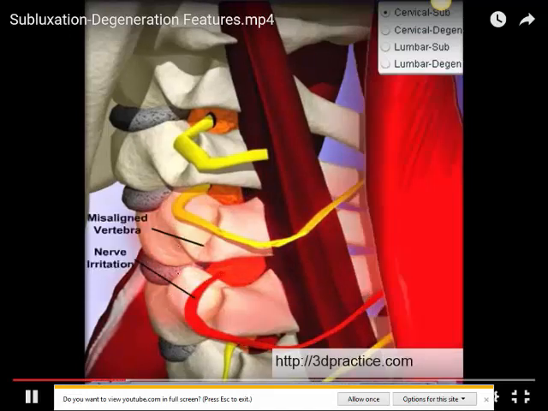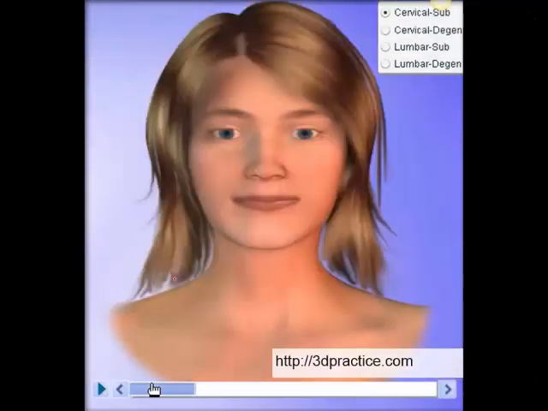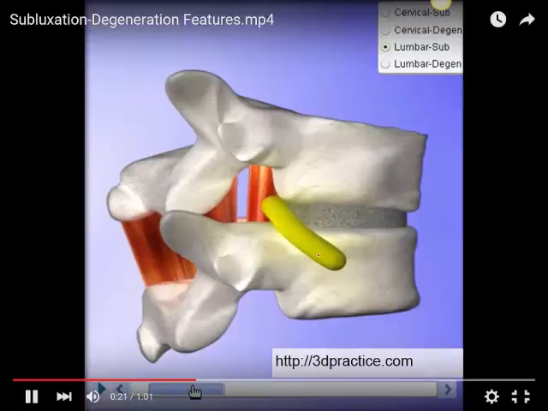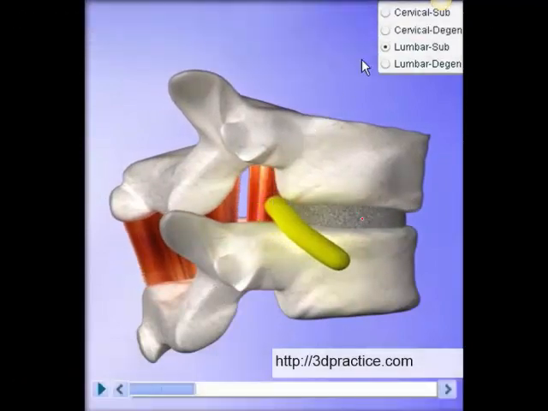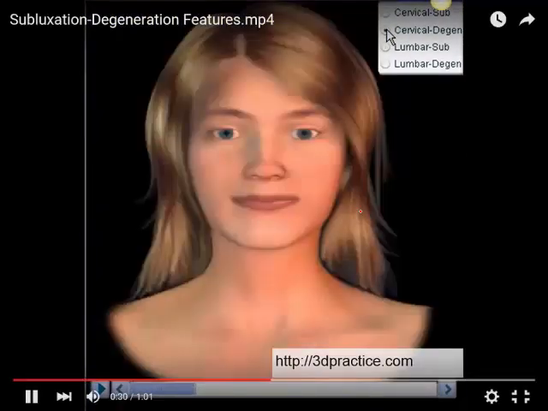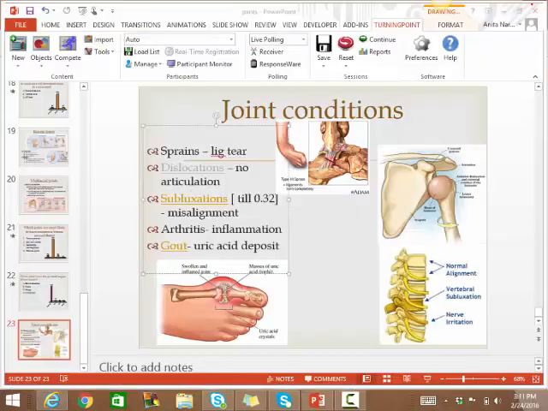There's still alignment, but it's not proper alignment. So this is misalignment. The bones are not completely out of alignment. Here notice how this bone is going to move backwards. It's still showing some degree of touching, but not in the way it should be. So subluxation is a case where there is misalignment, whereas dislocation is where there is no alignment at all. Okay?